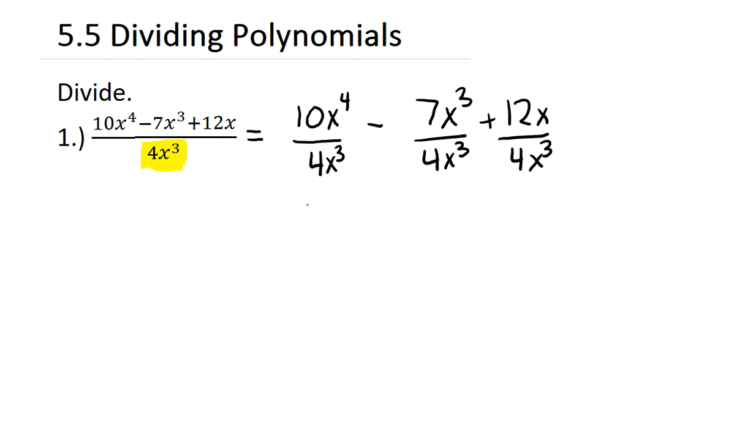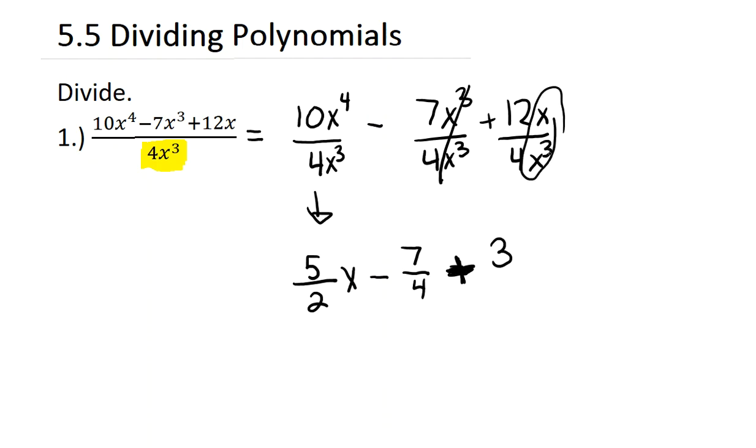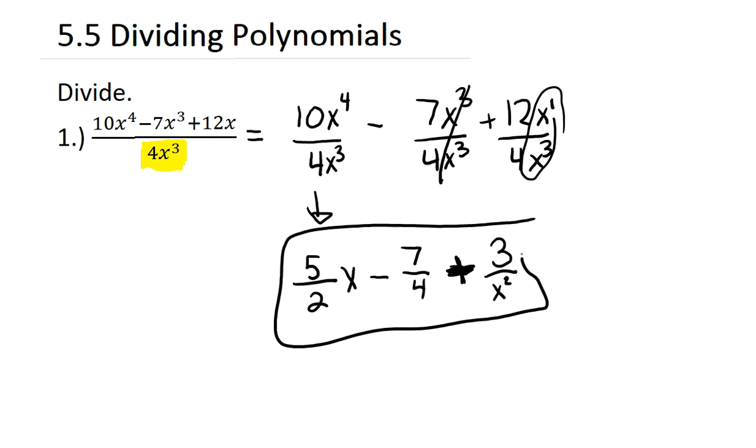And what you're going to get is 5 over 2, and the x to the fourth over x cubed reduces down to x. 7 over 4 you can't reduce, but the x cubes cancel out, and then the 12 over 4 reduces to a 3. It's a plus sign right there, a 3. And then if you notice what the x is, there would be 2 x's left over, or 3 minus 1, with 2 left in the denominator. And that's how you divide with monomials.